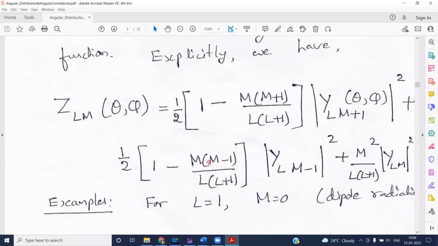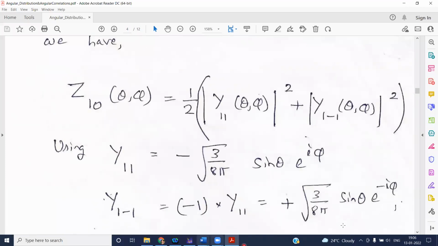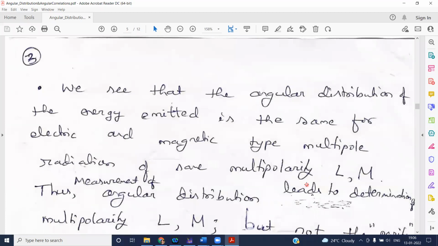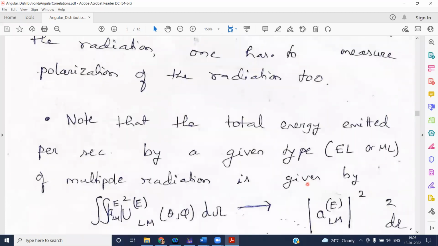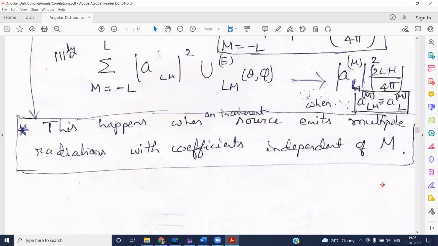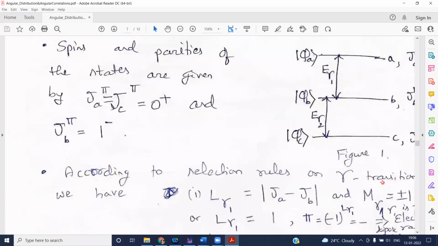The expression is given. Substitute M equal to plus 1. Identify L, M, YLM given. So you substitute YLM and find that Z11 depends on 1 plus cos squared theta. That is, sine squared theta and cos squared theta are your results here.